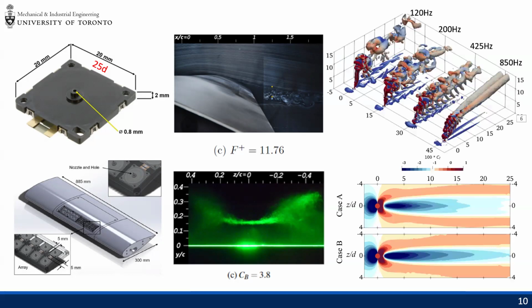However, if you look at the numerical results, we are very confident that there are no jet-to-jet interactions in terms of structures. Each of the jets is mounted over 35 diameters apart, so there will not be direct jet-to-jet interaction in a nominally two-dimensional cross-flow.